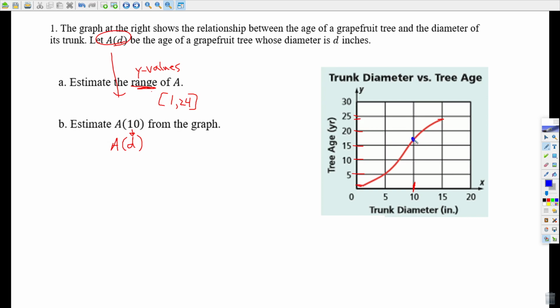So they want us to read what the age is at that point. A of D is the age of the grapefruit tree. We have to estimate it, I'm not sure if it's exactly half. Maybe it is. That would probably be 17 or 18 years, or 17.5. So the way I would answer that is A of 10 equals, if it's exactly half, I'll estimate 17.5 years old.